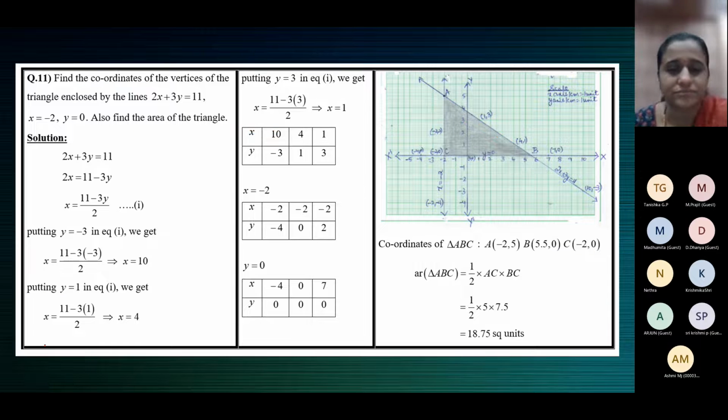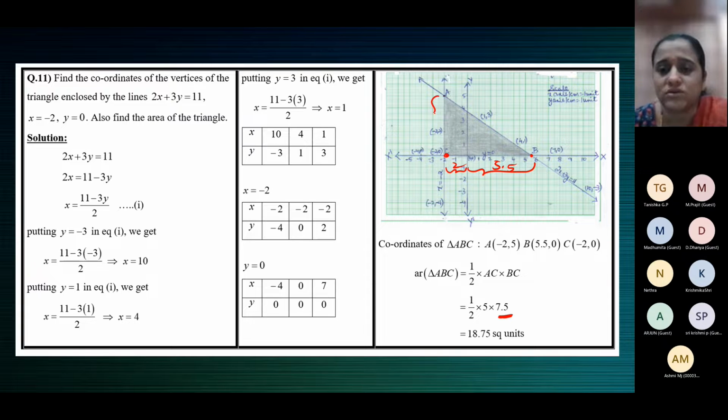Let's check. So from here to here, there's 5.5 here and 2 units here. So 7.5. Because it's -2, don't subtract. 7.5.